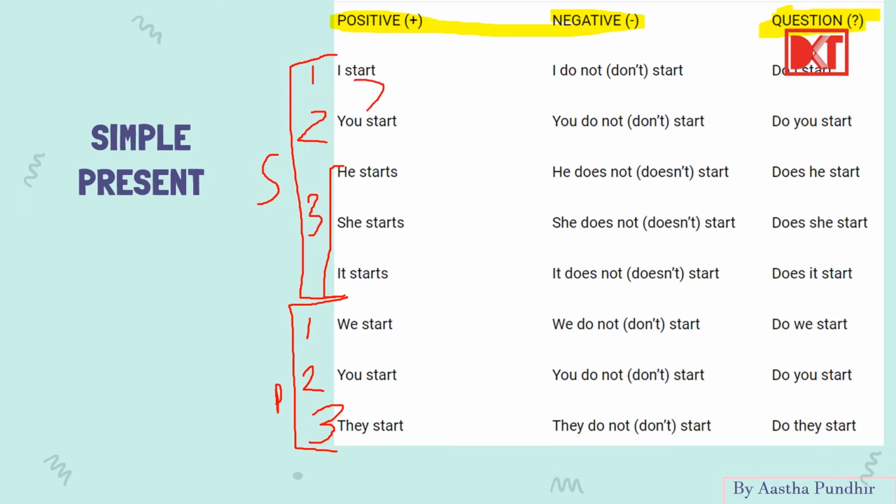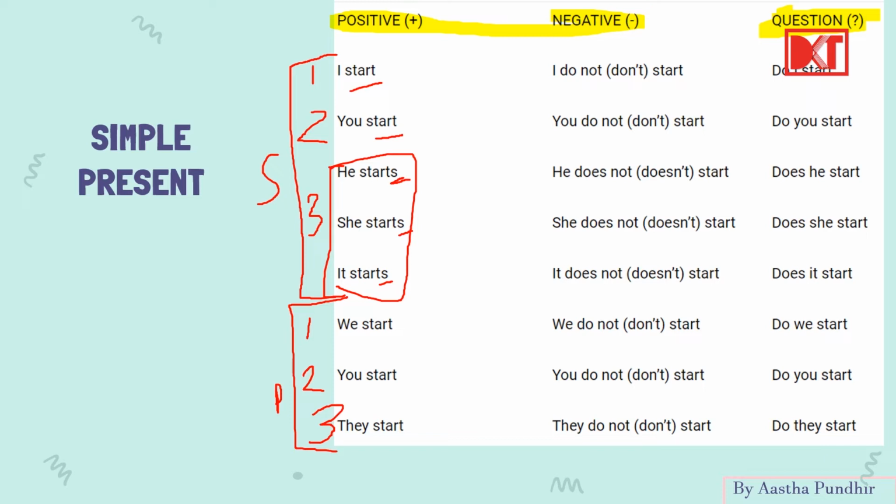So here with the first singular person, we use the subject and the verb original form, start, subject plus verb. And then for the second person, same subject and the original form of the verb. Similarly for the third person, now this is different. For the third person, what happens is the subject, he, she, it, and the verb with s. Now the verb which we are using is to start.